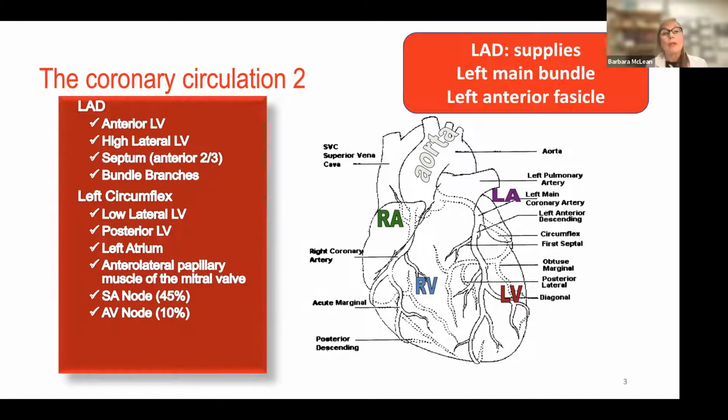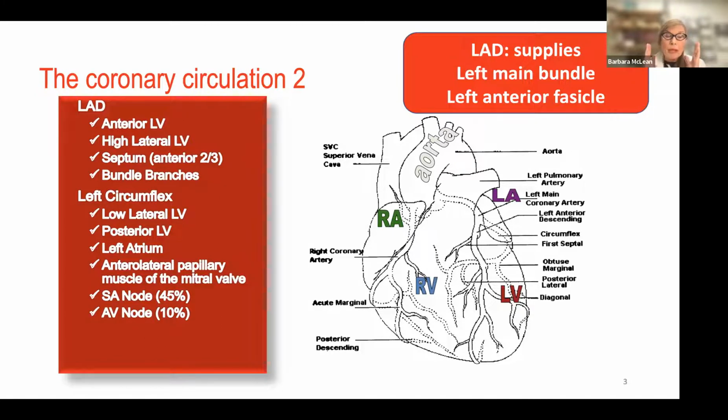That left anterior descending coronary artery supplies the anterior fascicle of the left bundle, and it also supplies the right bundle. And then the circumflex, which circles around the side, coming off of the left main coronary artery, gives rise to blood flow that primarily supplies the sinus node, partially supplies the AV junction, and can supply the posterior division of the left bundle.